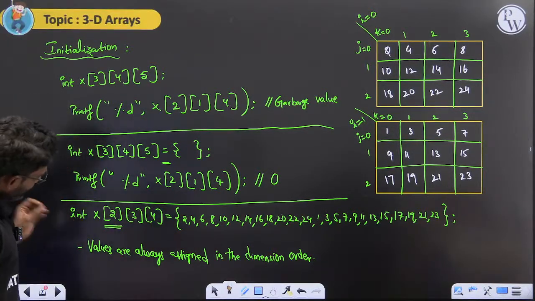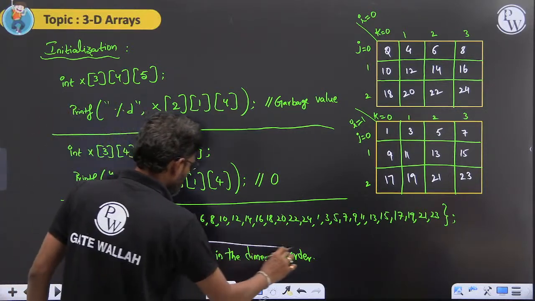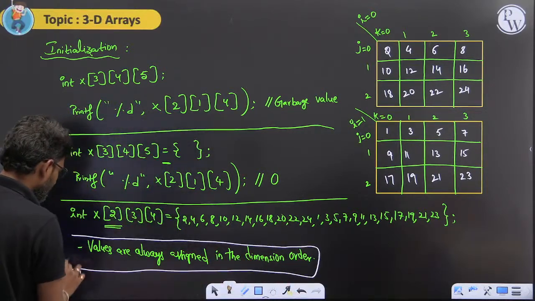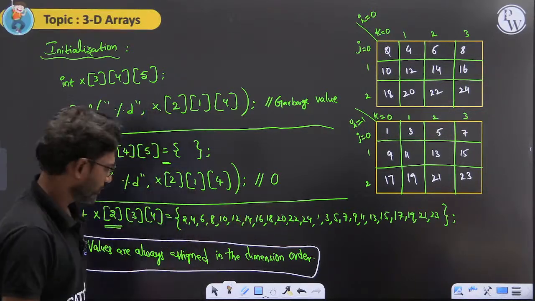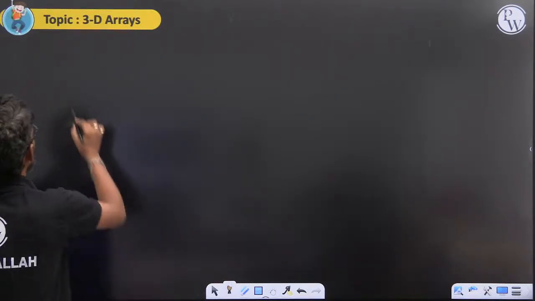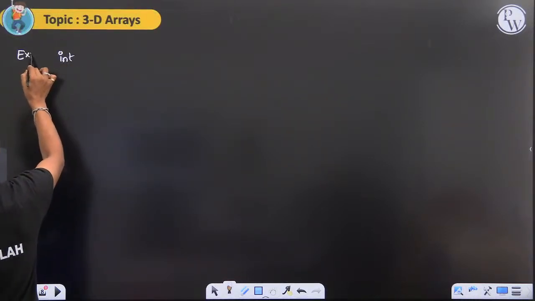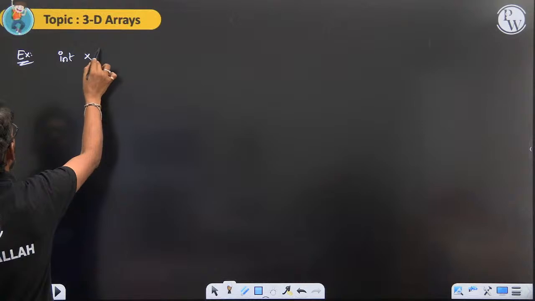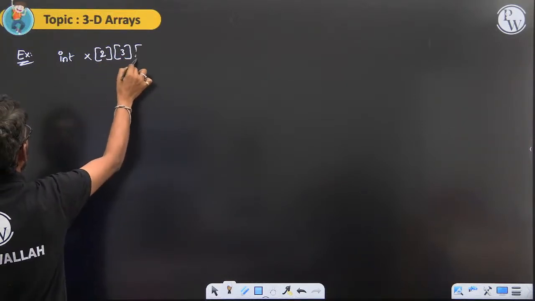Okay. Sir, is this the only way to initialize? No. We can also assign in this order: int x of 2, 3, 4.